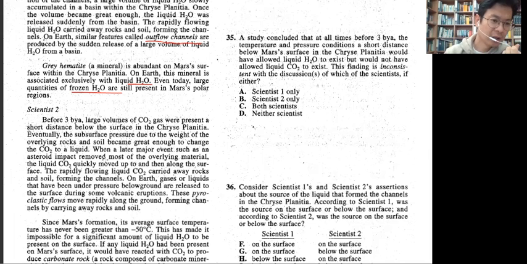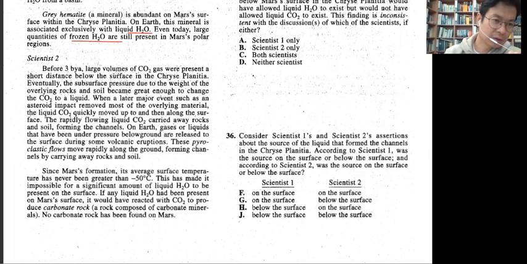Okay. Scientist 2, before, the large CO2 gas was present. Okay, and then rock and soil pressure was enough to change CO2 to liquid. And then later major events such as an asteroid impact removed most of the overlying material. Liquid CO2 quickly moved up, then along the surface.